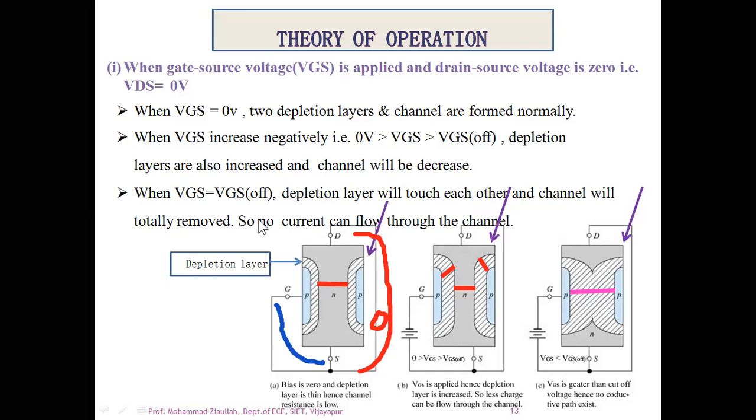And if VGS is equal to VGS cutoff or VGS off voltage, or you can simply call it the cutoff voltage or threshold voltage, the two depletion layers will touch each other such that there will not be any channel available for the current to flow. Okay, so this is the first mode of operation.